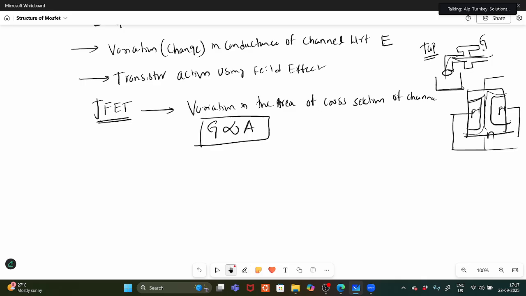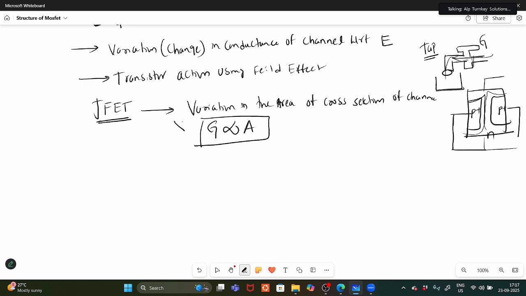If you rotate the tap knob clockwise, the cross-sectional area inside will decrease and it will stop the water. Like that, by applying the gate voltage, you are varying the cross-sectional area of the channel.